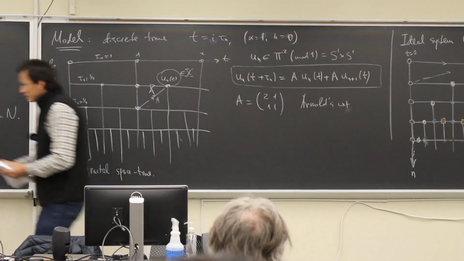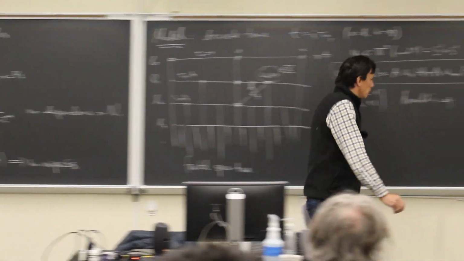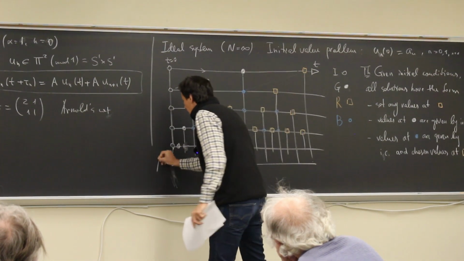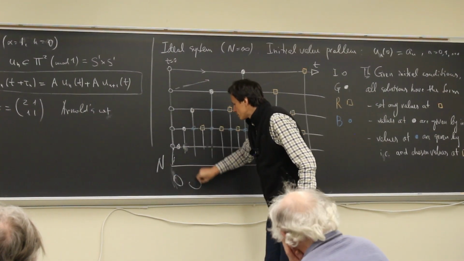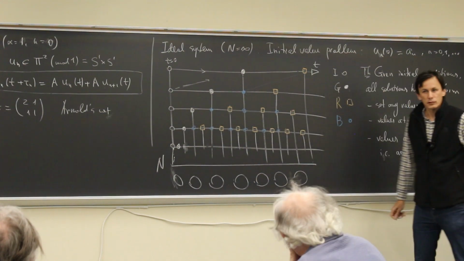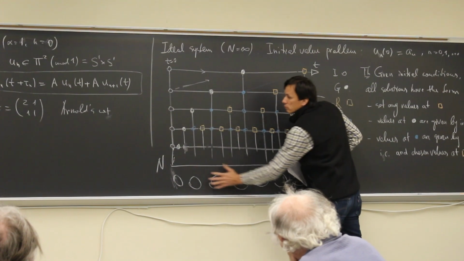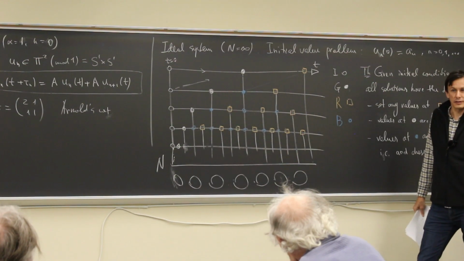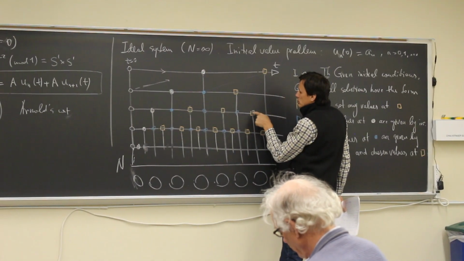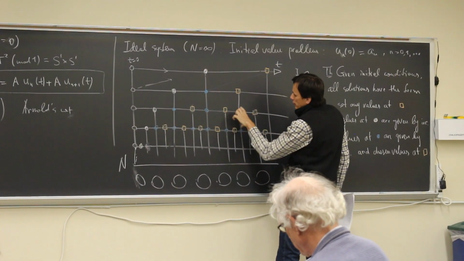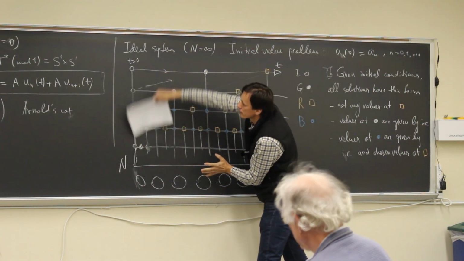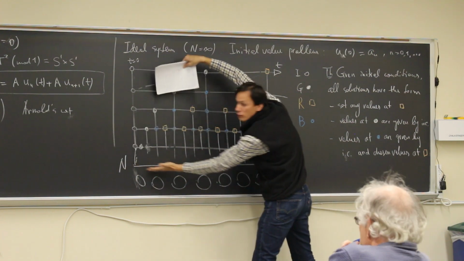But what we do now is we say that there is a certain level, capital N, and everything below we just force to be 0. And the moment you put 0 here, the solution is unique automatically. Because you take any spot, it should be given by these two values, every value given by the previous ones. Going like this, you either go to the vertical line in the initial condition, or you go to that line.